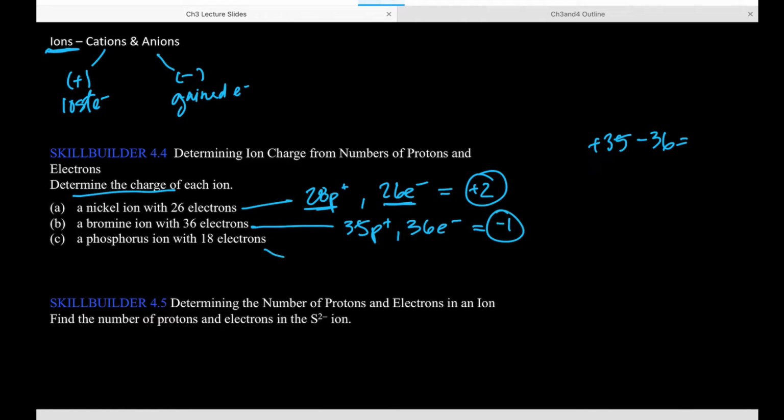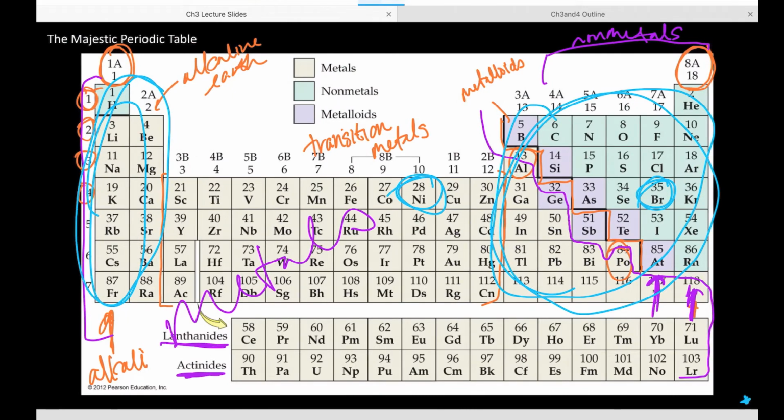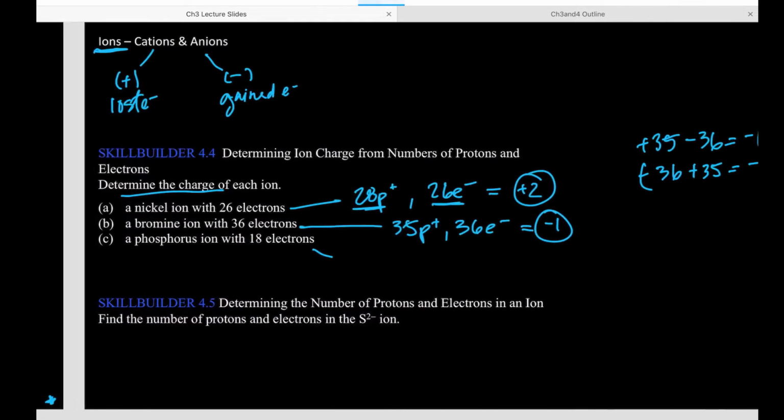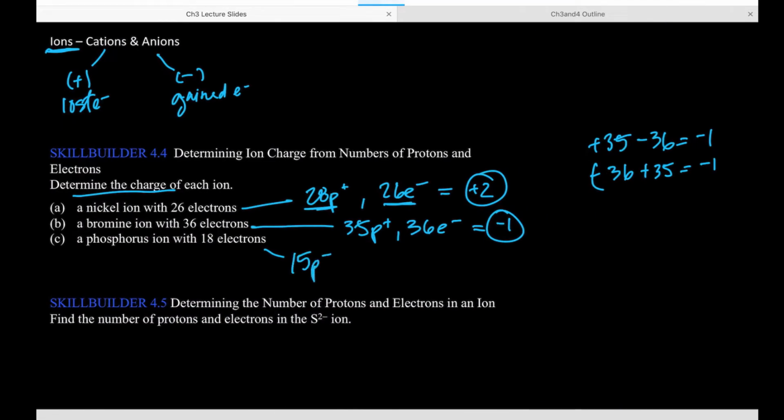And note that if we do it the other way, it's fine also. Minus 36 plus 35 still gives us -1 either way, because all we're doing is thinking about what our respective pieces are. Okay, so phosphorus ion, phosphorus, 15. So we have 15 protons and we have 18 electrons, which gives us, ding, ding, ding, -3.